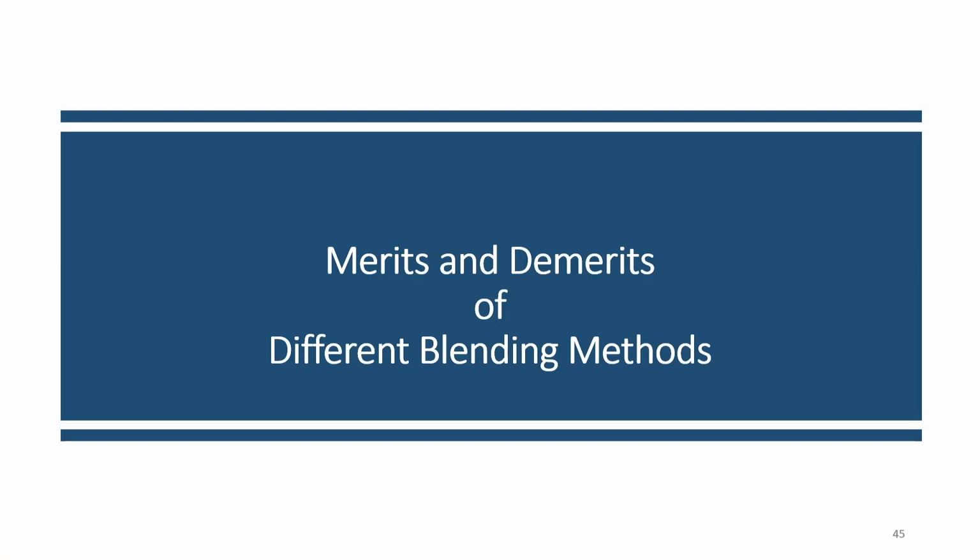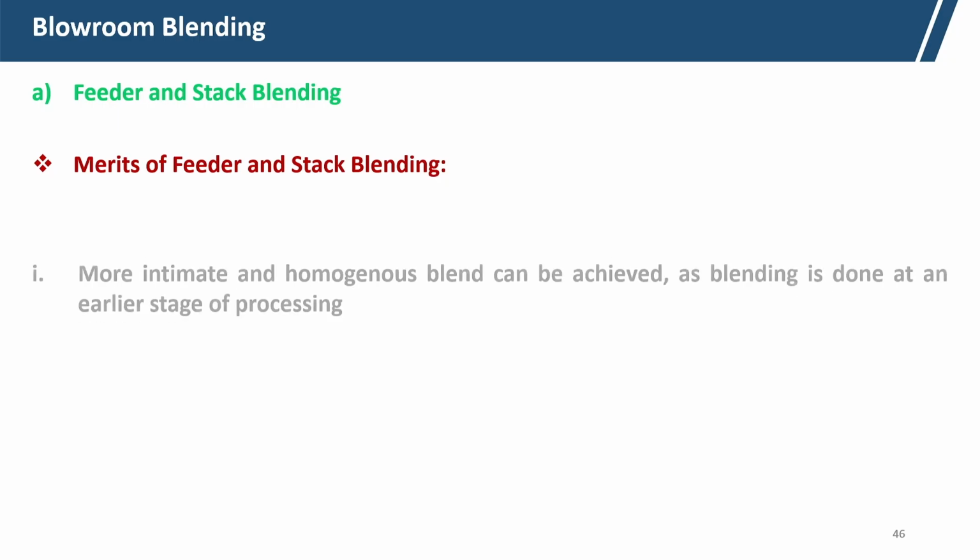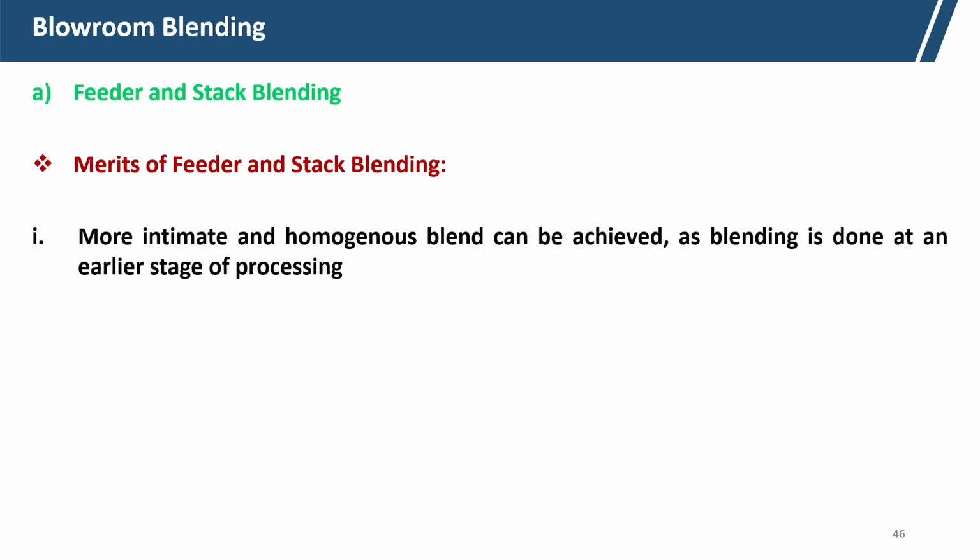Now, let us discuss the merits and demerits of different types of blend methods. Feeder and stack blending, the merits of feeder and stack blending are that a more intimate and homogeneous blend can be achieved, because it is at the initial stage. After that we have different beaters that blend, then the carding process, and the draw frame.